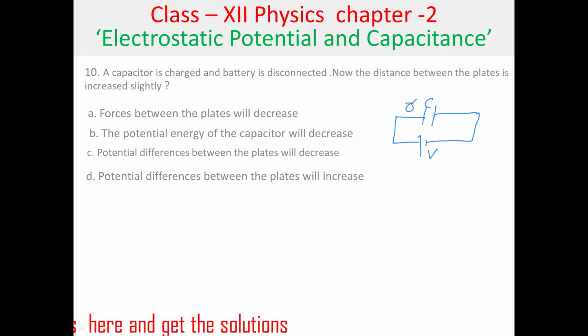Suppose it is charged with Q charge, and after that it has been disconnected. So if you disconnect this, C and Q will be there. Now distance between the plates increased.